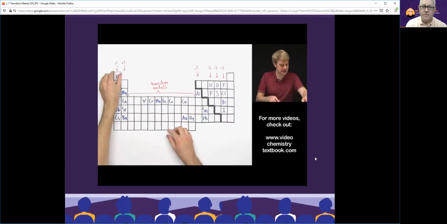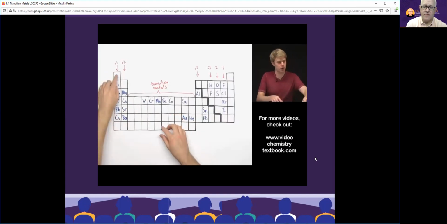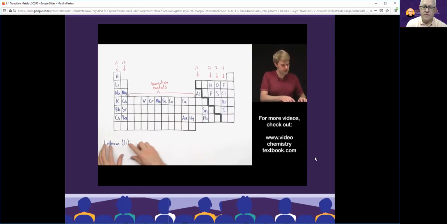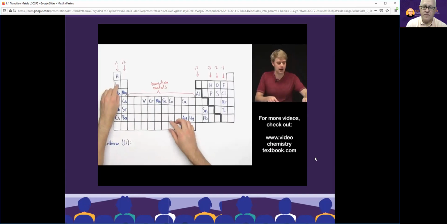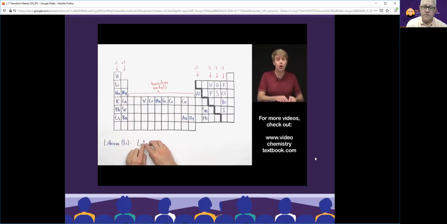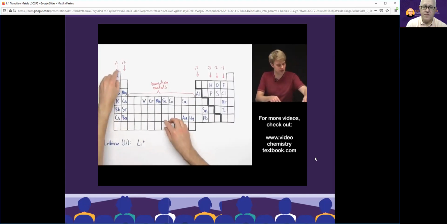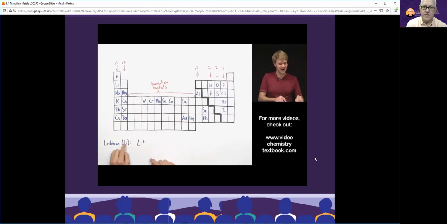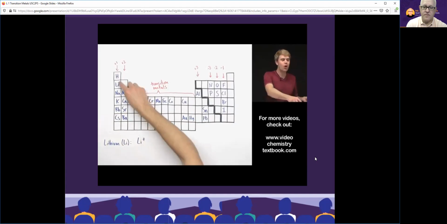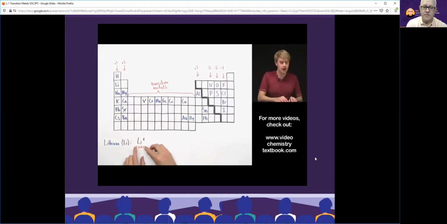Let's start by taking an example that's not a transition metal. We'll take lithium in this column. When lithium forms an ion, we know that ion is going to have a +1 charge, because lithium is in this column. Every single ion that lithium makes is always going to be +1.